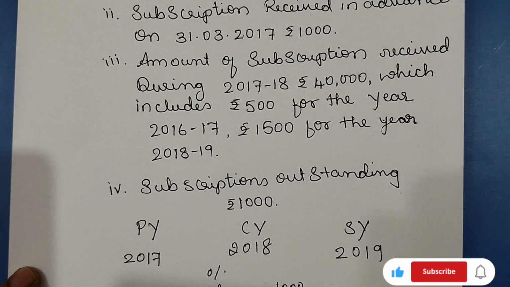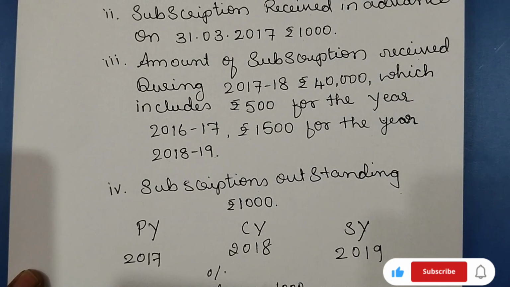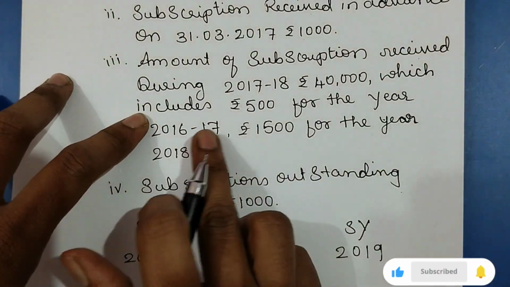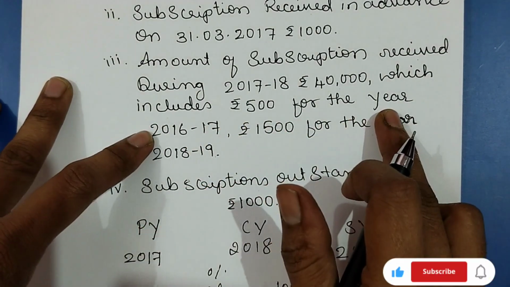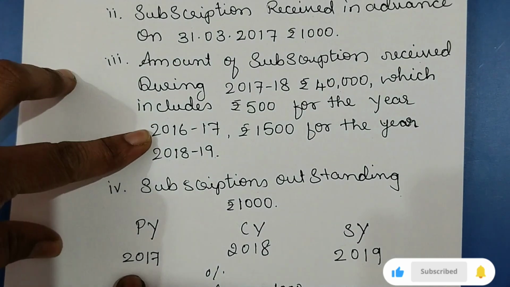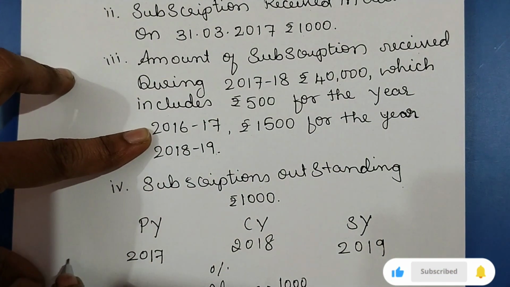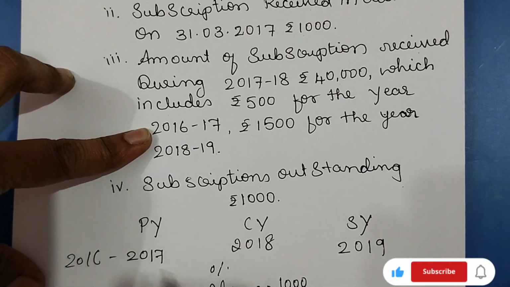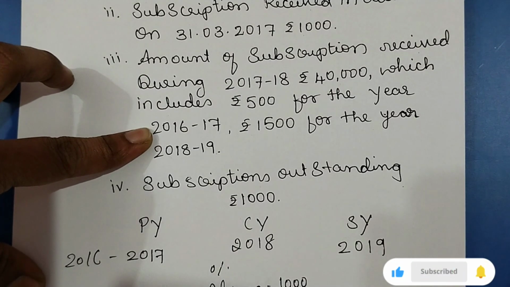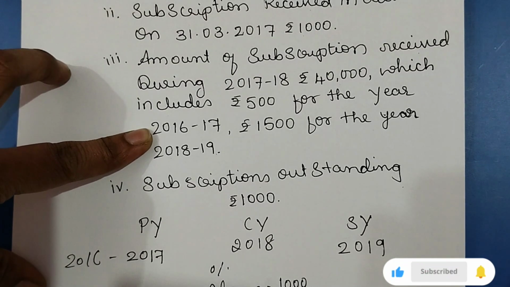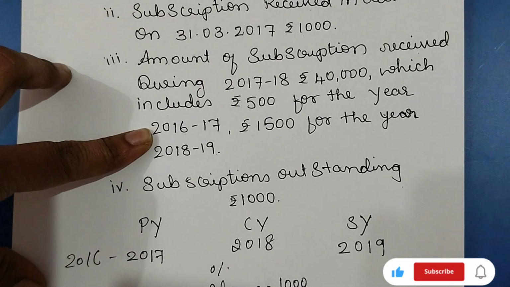And here, amount of subscription received during 17-18 is 40,000. So total subscription received is 40,000. And they have given information that it includes 500 for the years 16 and 17. It was the preceding year, 16 and 17. I was supposed to receive it then, but now I have received it. So it is closing outstanding.